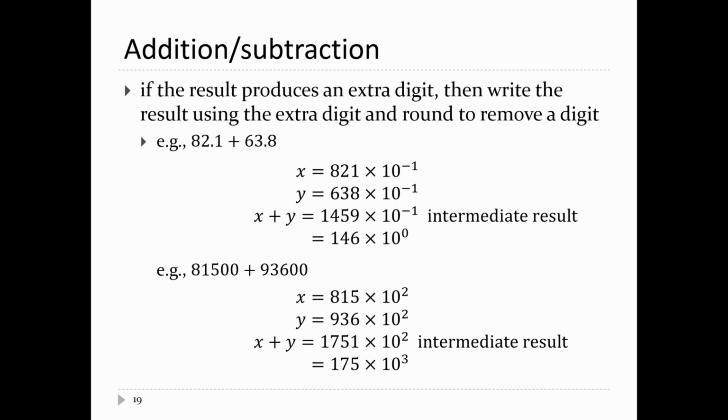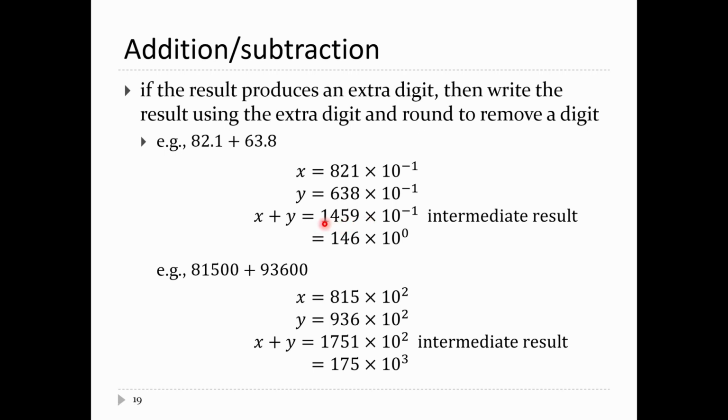Depending on who designed your computer CPU, they may not round it, they might just drop the 4th digit. If you just drop the 4th digit, you end up with 145 times 10 to the minus 1, and then you convert it to 146 times 10 to the 0. For our purposes, we're always going to round.